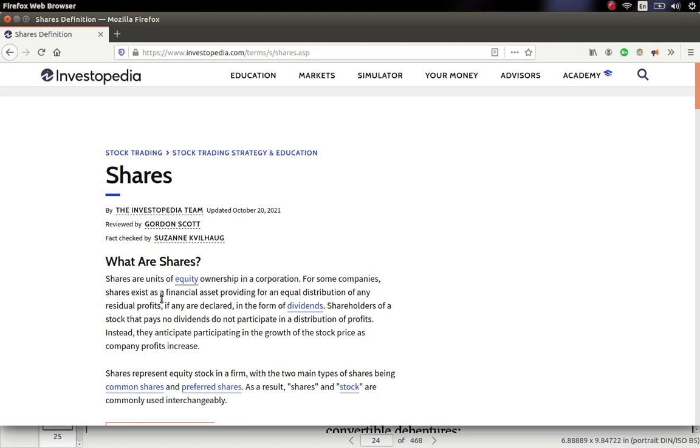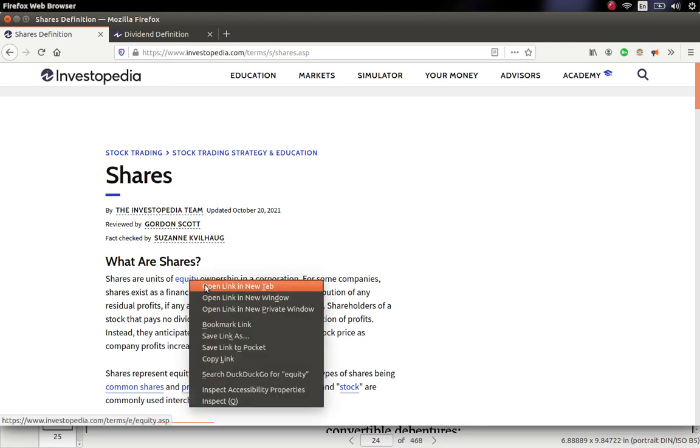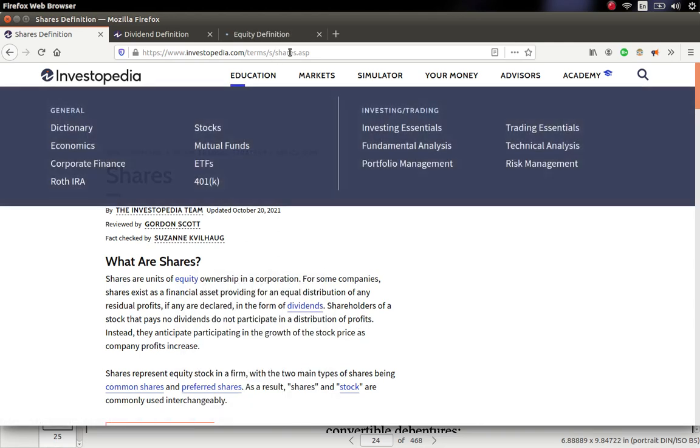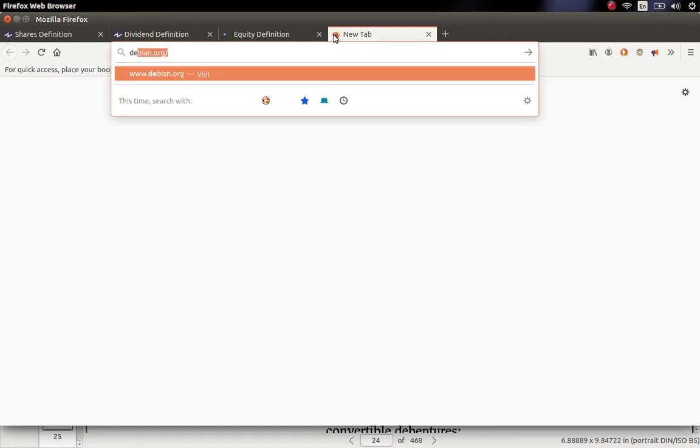For other companies, shares exist as a financial asset, providing for an equal distribution of any residual profits, if any, that are declared in the form of dividends. Alright? Shareholders of a stock that pays no dividends do not participate in a distribution of the profit. Right, so we see equity, dividends, and there was debentures.